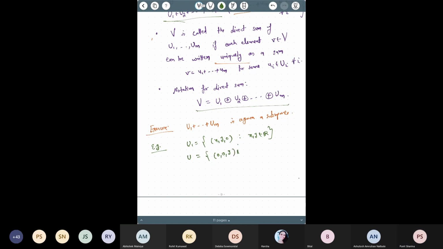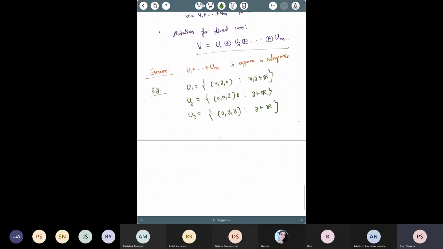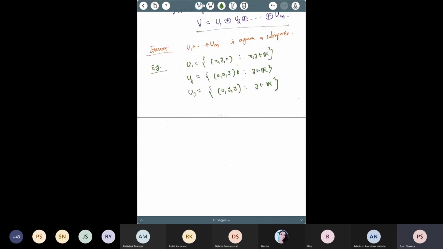This is in R, and similarly, let's say u3 is 0 y 0, where y is in R. Now, can you tell whether these u1, u2 and u3 are subspaces? Yes, sir.